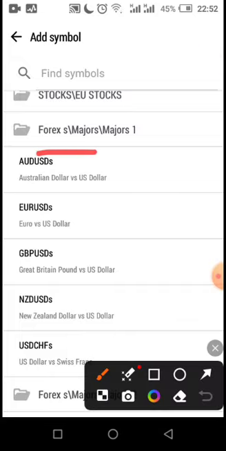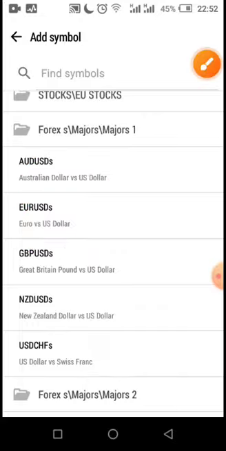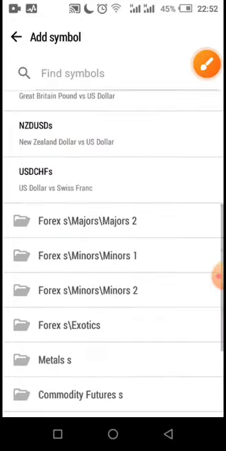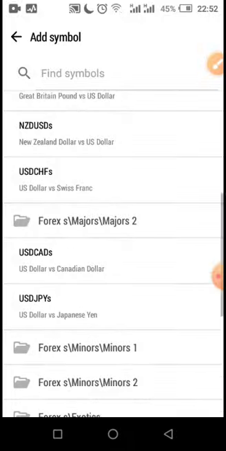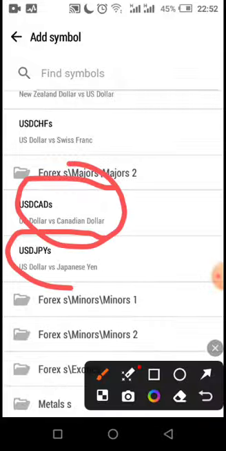So those are your Australian dollar versus US dollar, Euro versus USD, Great Britain pound versus USD, even the New Zealand dollar pair, the US dollar versus Swiss franc, even also against the Canadian dollar, and the US dollar against the Japanese yen.